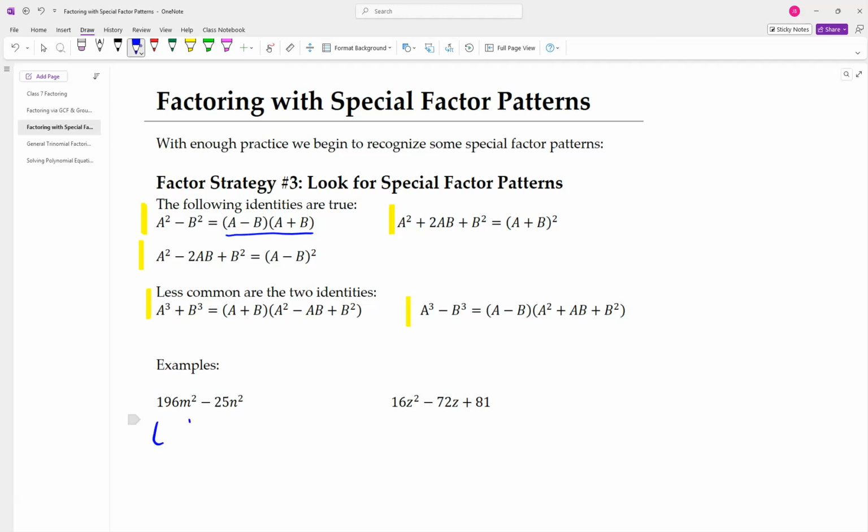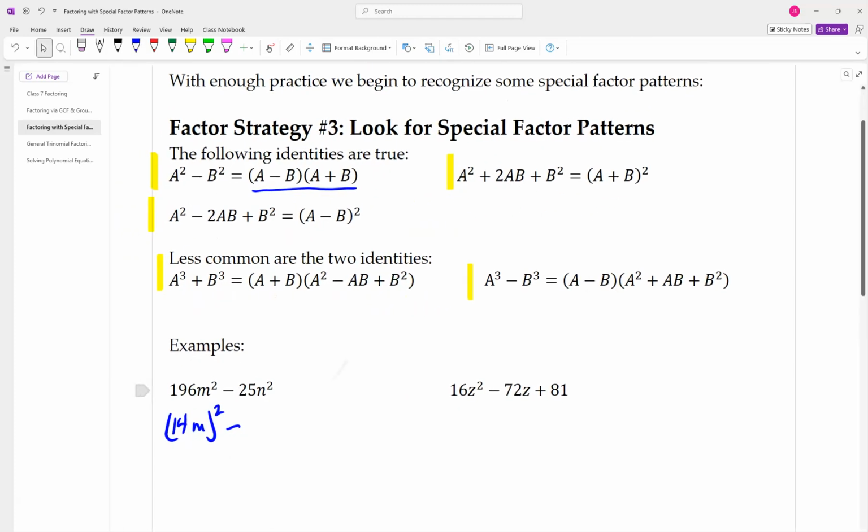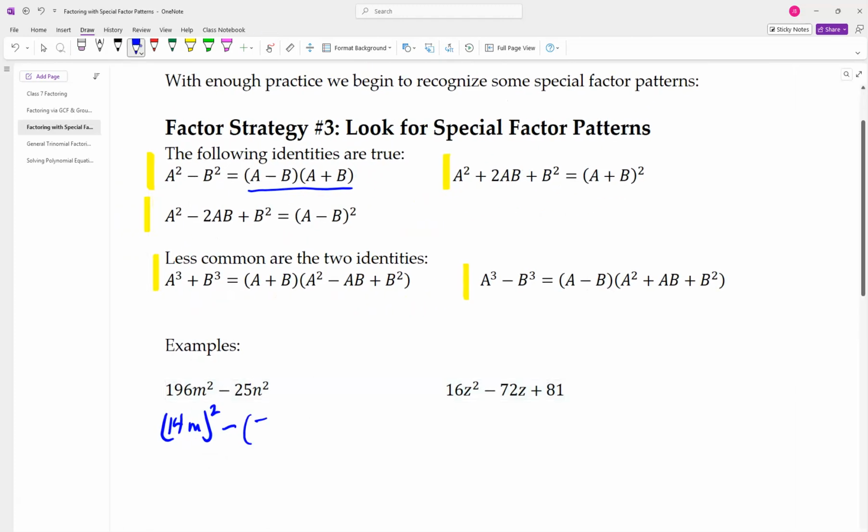So I just have to figure out what squares give me 196m squared. Well, I know there's going to be an m in there, and I think 196 is 14 squared. You're welcome to verify with a calculator. Similarly, 25n squared would be the same as 5n all squared. So I think I know what a and b are.